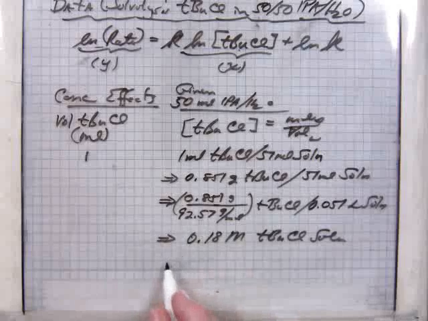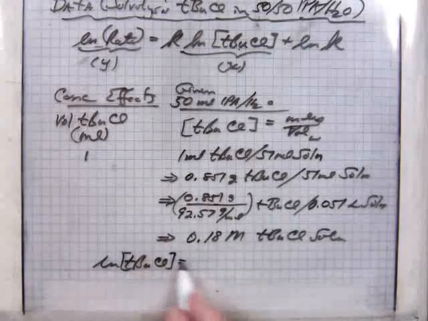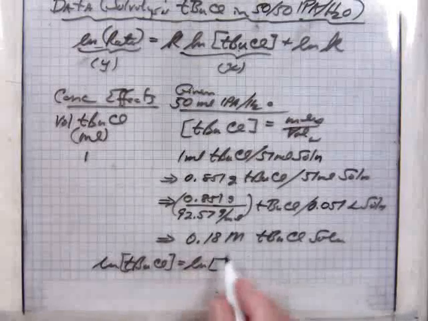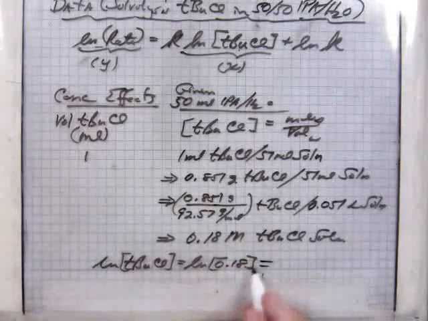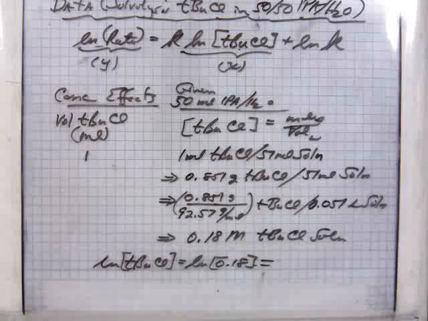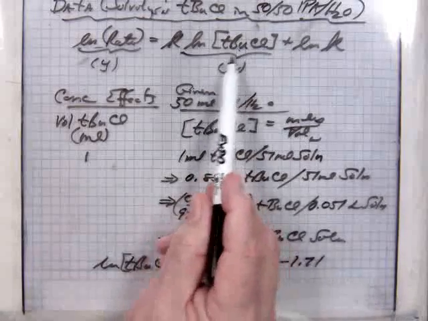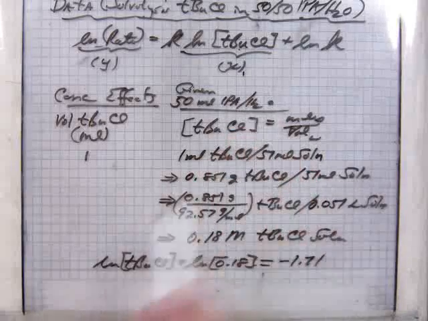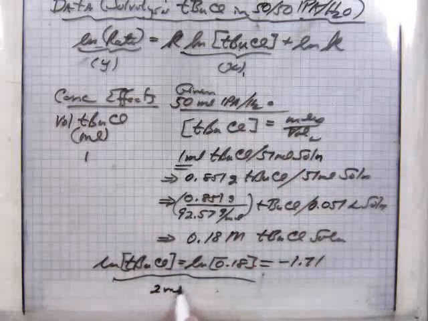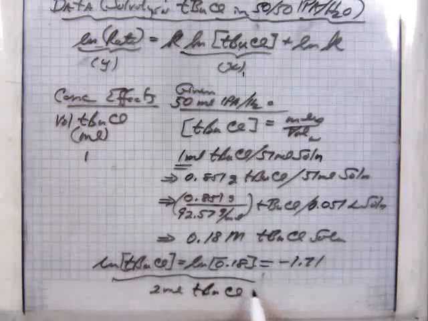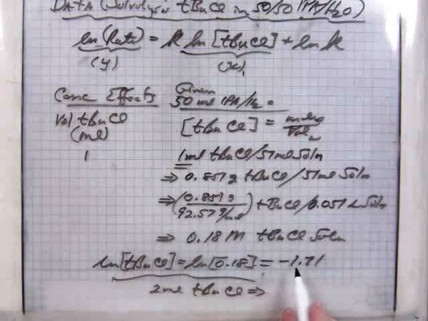So that would be Ln of the T-butyl chloride is equal to Ln of 0.18 molar. Well, it's already in molar. And that's a negative 1.71. Okay, so that's your X1. Now you repeat this for 2 mils. 2 mils T-butyl chloride gives, it's a little different than this, but for arguments we'll just double it, okay?